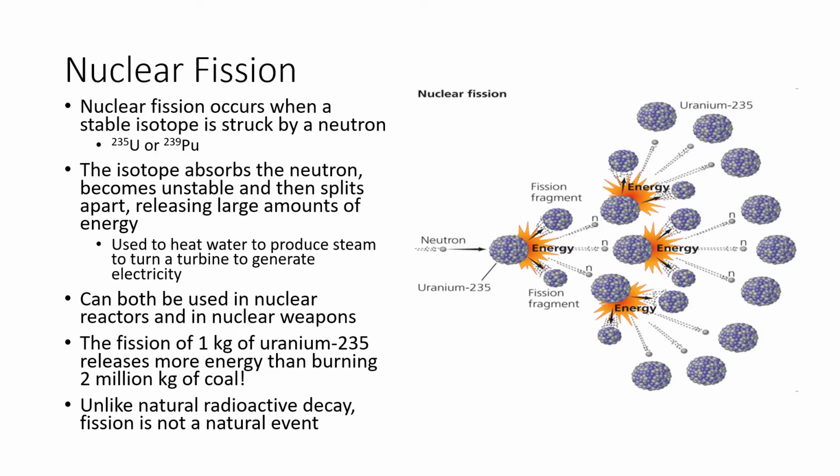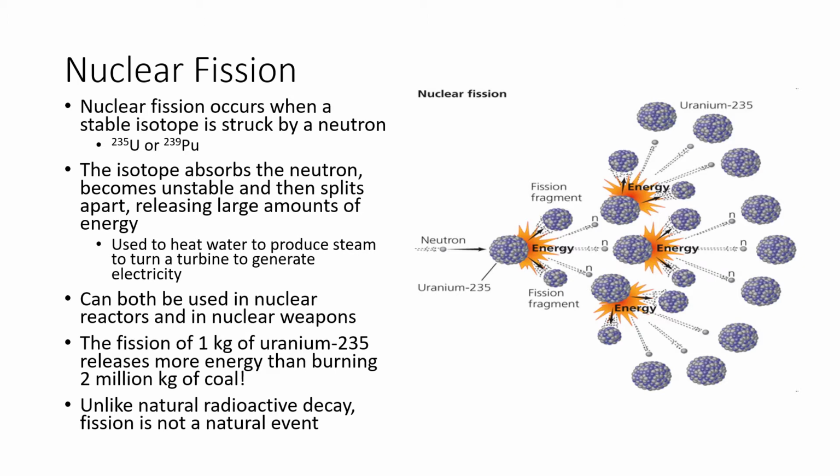It has a lot of energy when fission happens. So 1 kilogram of uranium releases more energy than burning 2 million kilograms of coal. Like the amount of energy you get from a tiny bit is a lot.